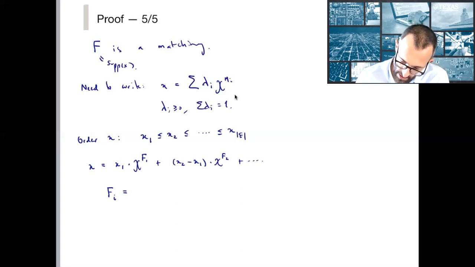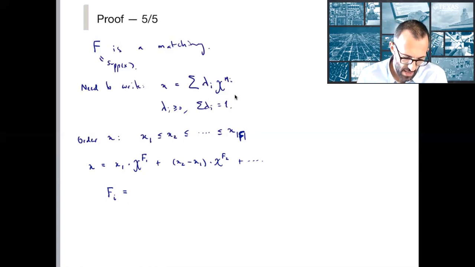so let me, actually, I made a mistake here. This really should be F, not E. So I've only ordered the elements of x that are non-zero. So those are the ones that I care about. We would just have a bunch of zeros otherwise, so it doesn't really change anything, but it makes this definition more convenient.